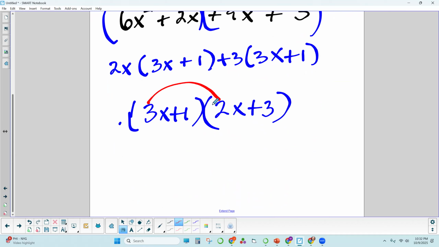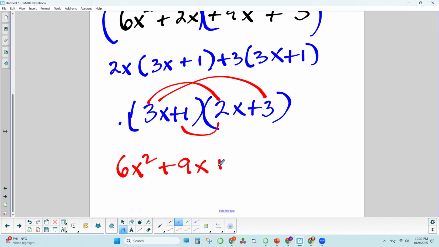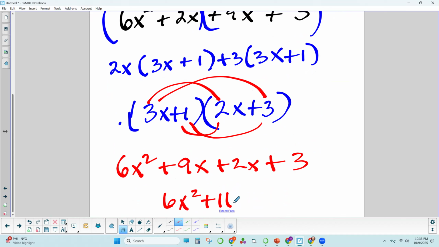I'm going to take my first times my first, first times my last, second times first, and second times last. And sure enough, 6x squared plus 9x plus 2x plus 3 is 6x squared plus 11x plus 3, and we got back what we started with.